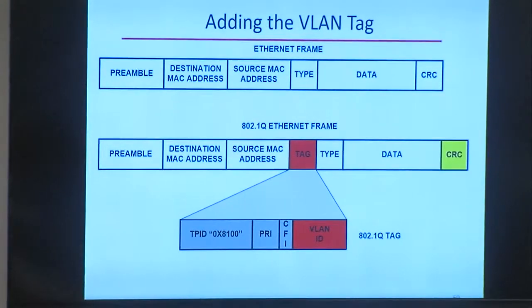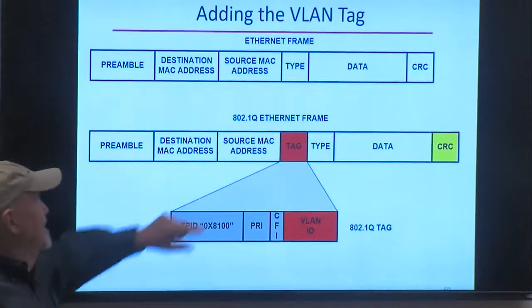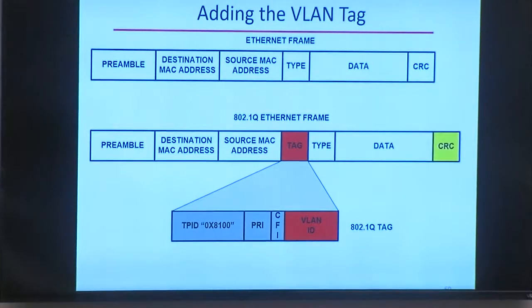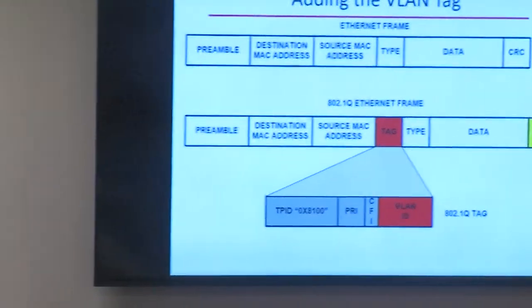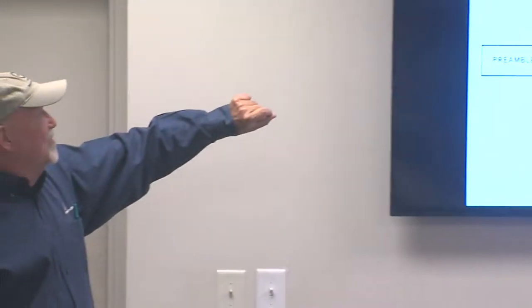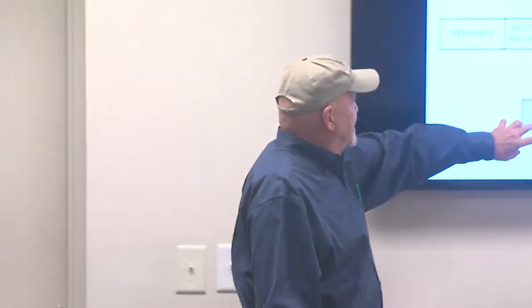Particularly, we're going to insert an 802.1Q tag. Thus, that frame is going to become an 802.1Q Ethernet frame, which implies to us that it is what? A tagged Ethernet frame. Within the tag, there's some information.